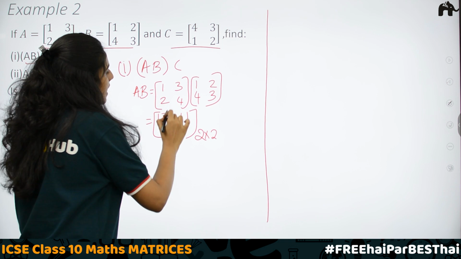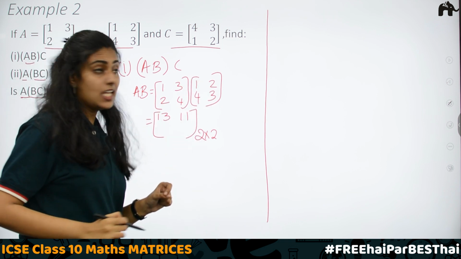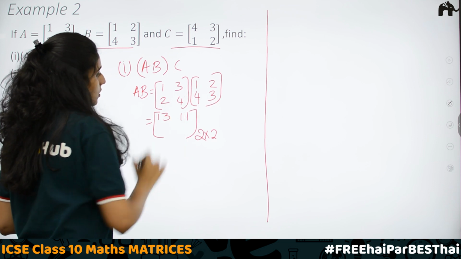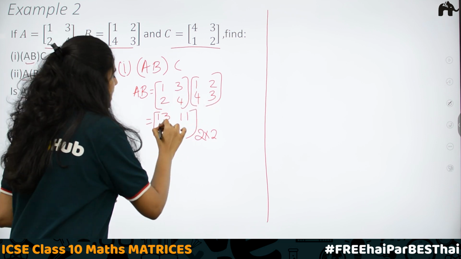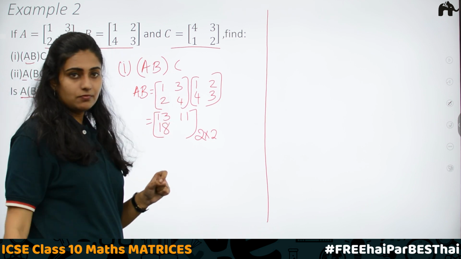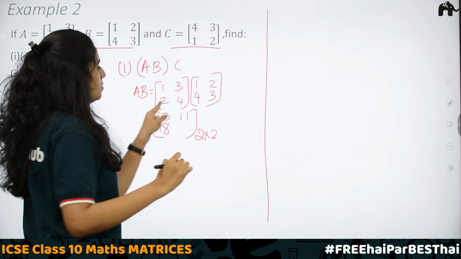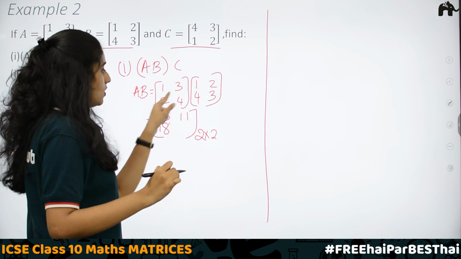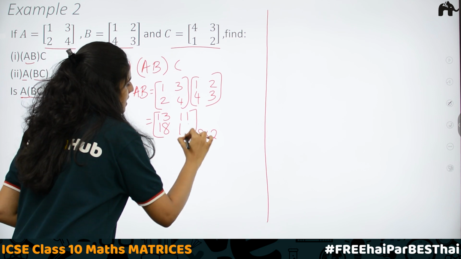Next, third element, considering the second row and the first column of second matrix. 2 into 1, 2 plus 4 into 4, 16. 2 plus 16, 18. Next one, second row, second column. 2 into 2, 4. 4 into 3, 12, which is 16.